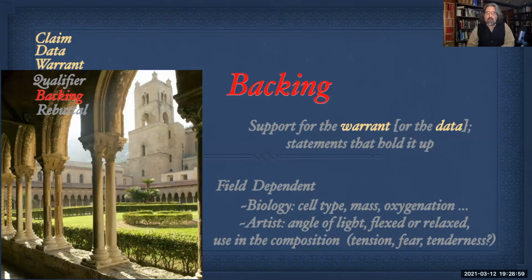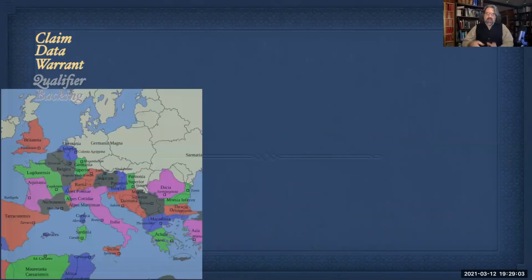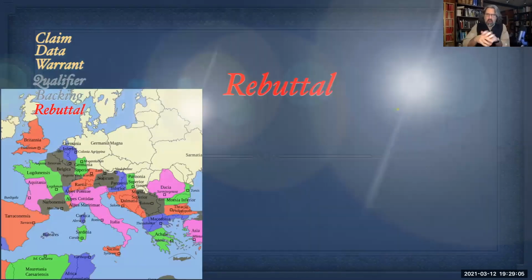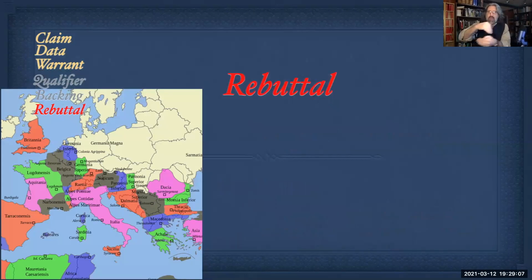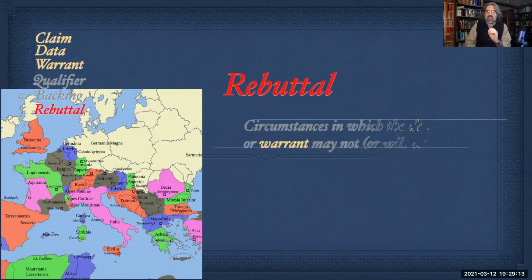Let's go to the third one, rebuttal. When we talk about rebuttal, we are talking essentially about the limits, the borders, the boundaries of some part of the argument. We especially are talking about the circumstances in which some aspect of the argument may not, or in some cases absolutely will not, be true.